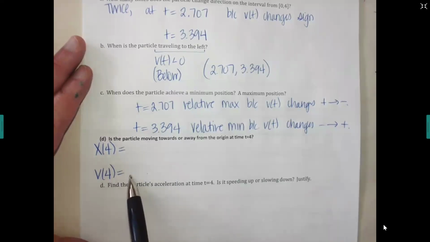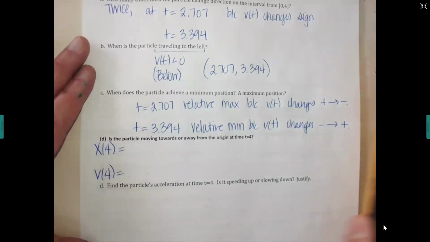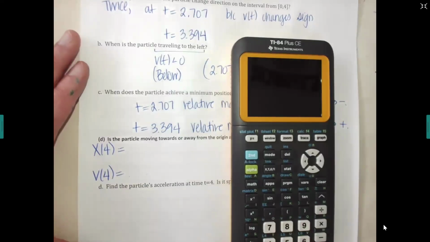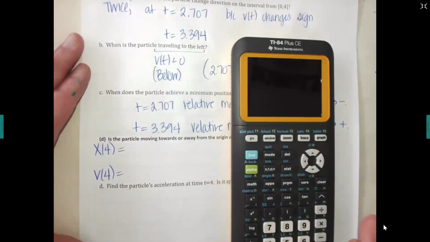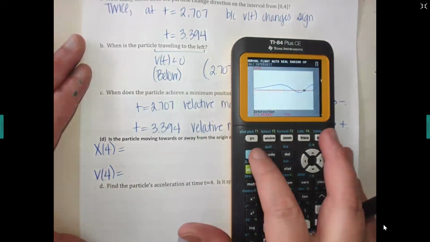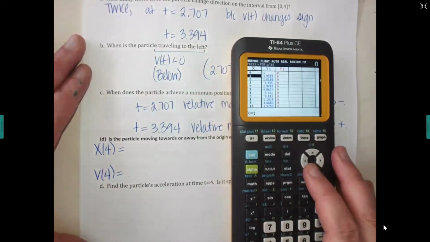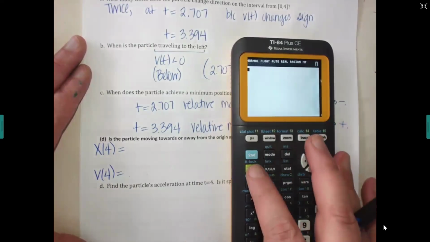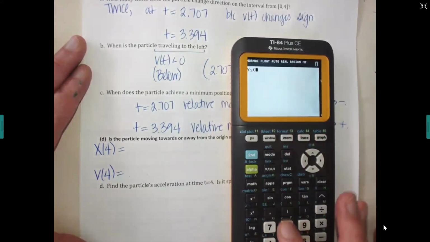What do I need? Plug it in. So we need the y value. Yeah. So there are 2 places that you can find it. The first one is you could look in the table and then just scroll down to 4. But the second place is in your regular calculator. You can do alpha trace y1 at 4.